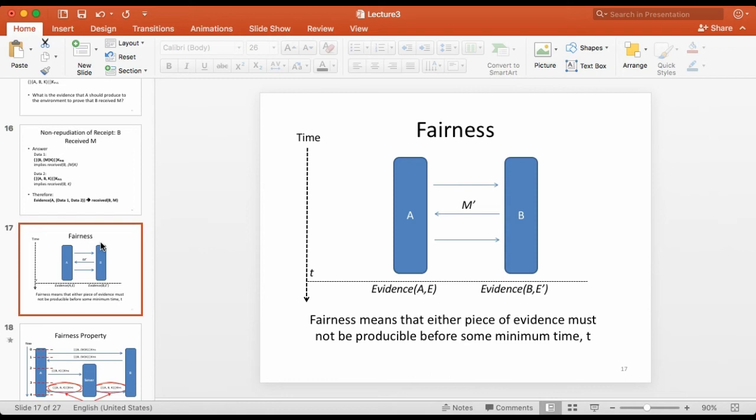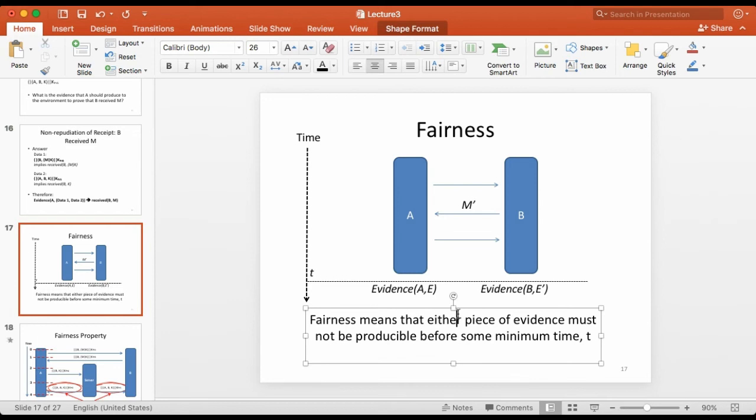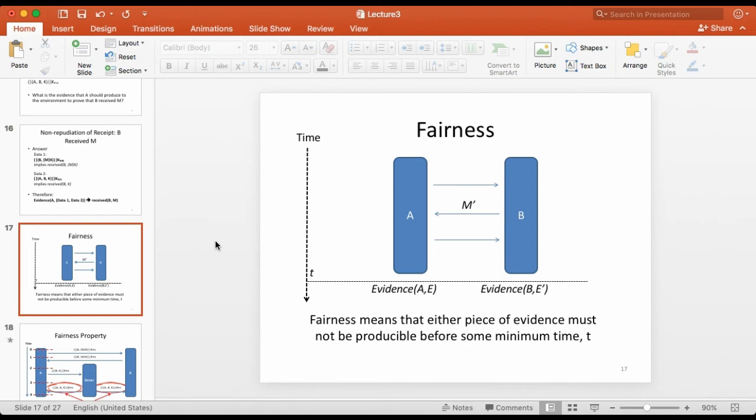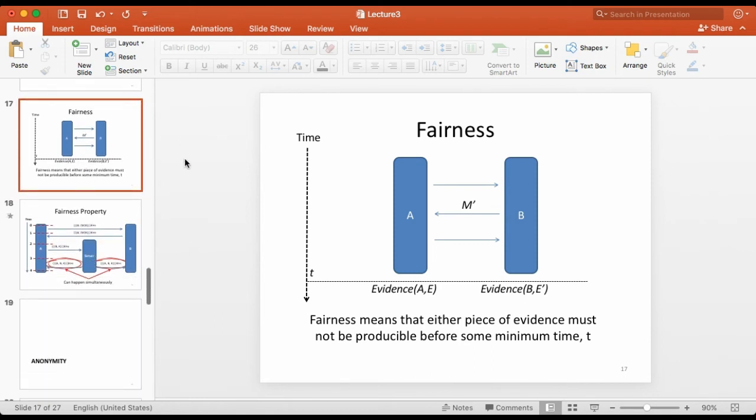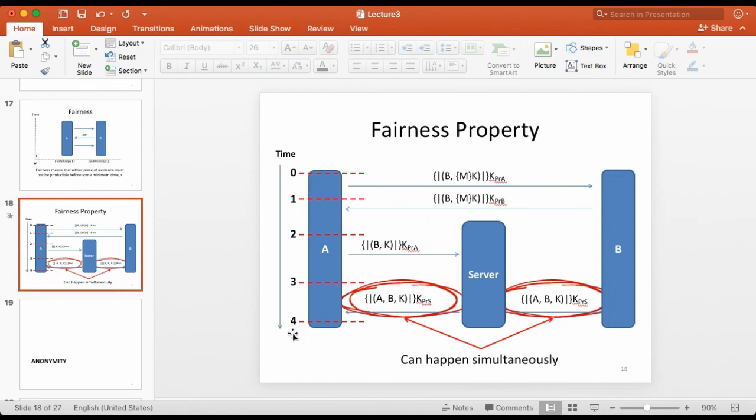This is a very important property because you don't want to terminate the protocol somewhere in the middle and then go and make a claim that you're entitled to certain things, whereas the other party was not able to complete the protocol run with yourself, and therefore it doesn't become a fair communication. Okay, so the way we test this fairness is by dividing the protocol, or giving it a timeline.